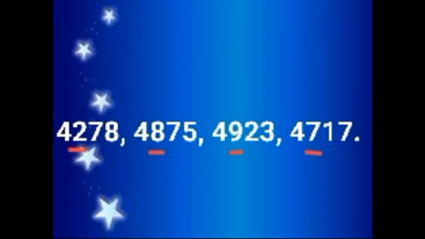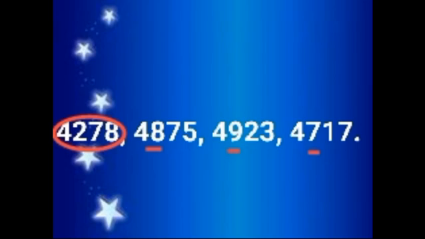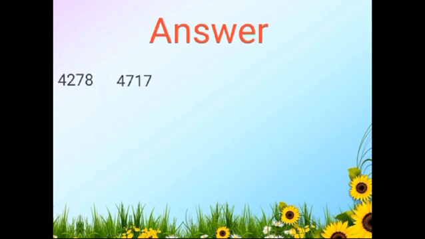So, the first number is 4278. Next, compare the remaining 3 numbers. Which is the smaller number in the hundreds place? Yes, very good. 7. So, the second number is 4717.